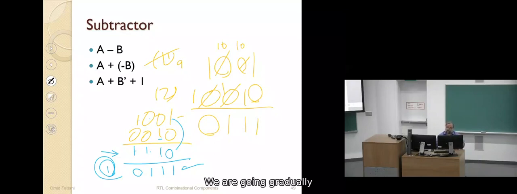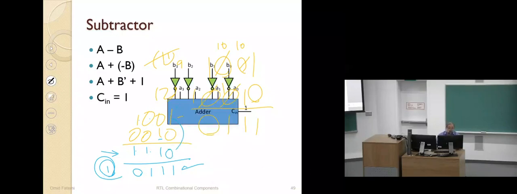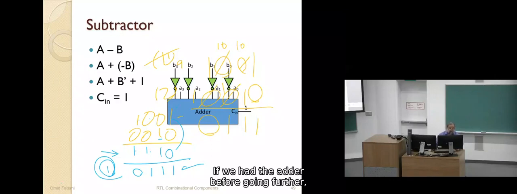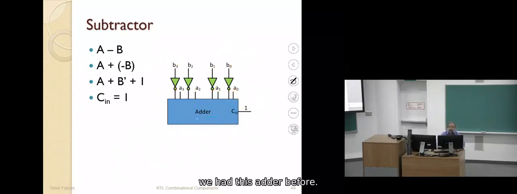We are going gradually to signed operation, not just unsigned. You see, there are 2 signed numbers. We did a 2's complement and then added to them. Sorry. So if we had the adder, before going further, we had this adder before.